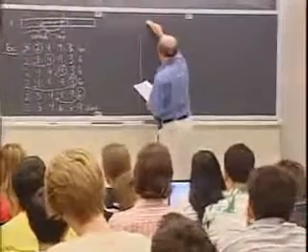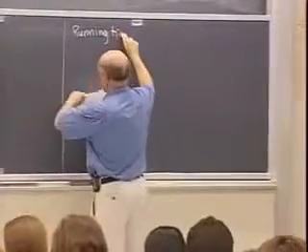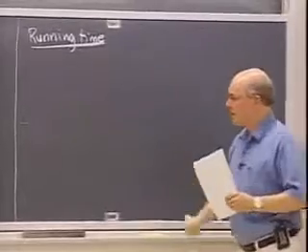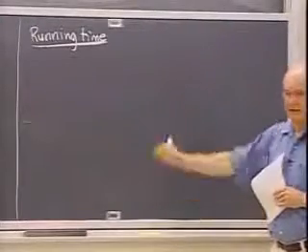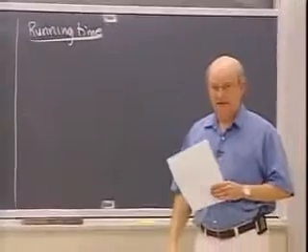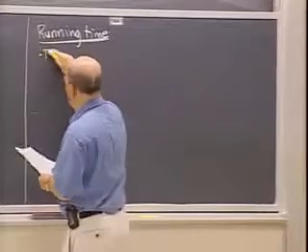So first of all, let's take a look at the issue of running time. The running time of this algorithm depends on a lot of things. One thing it depends on is the input itself.